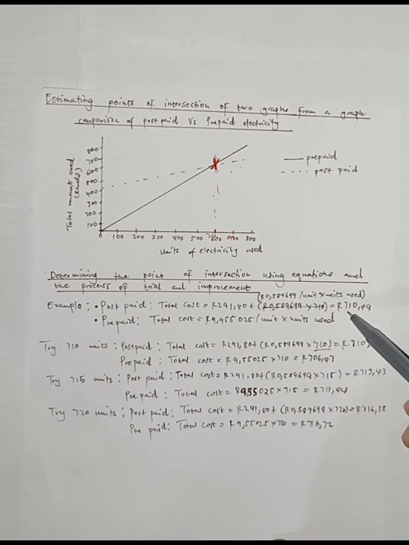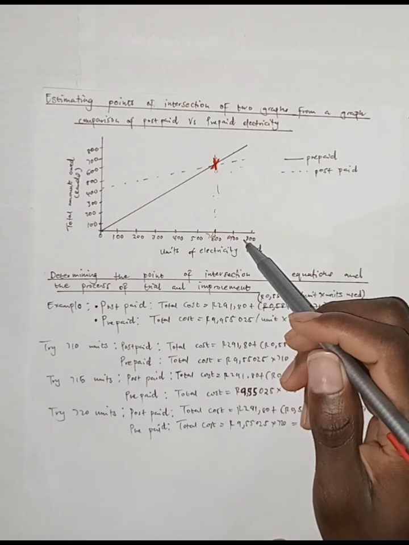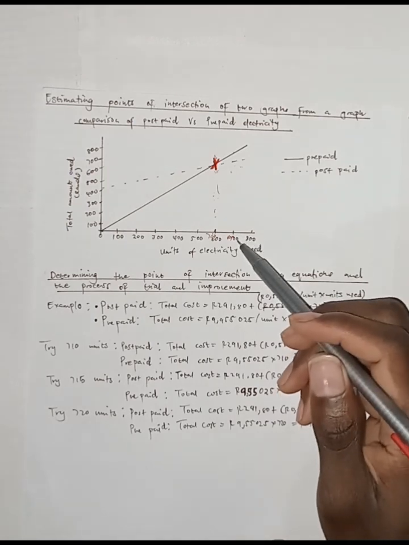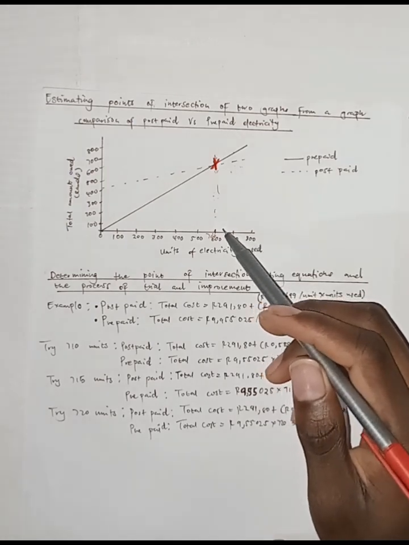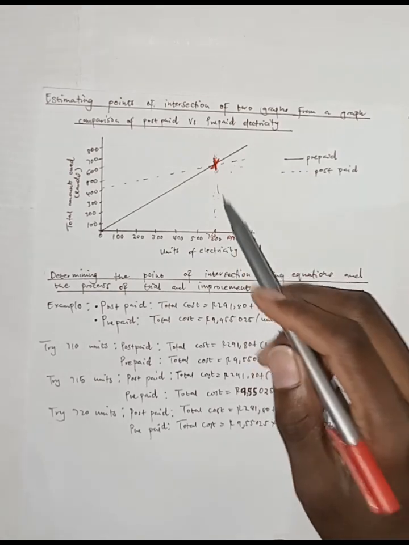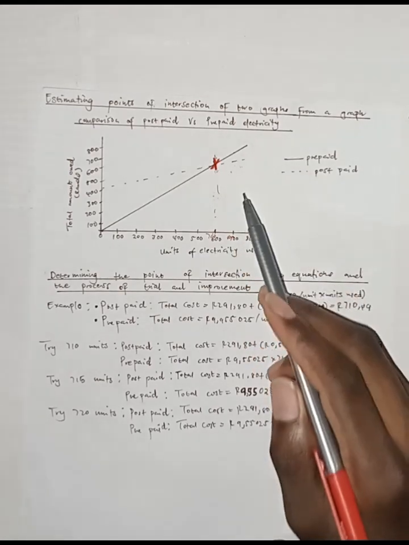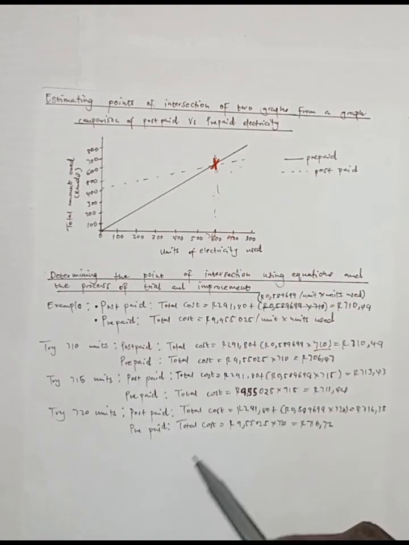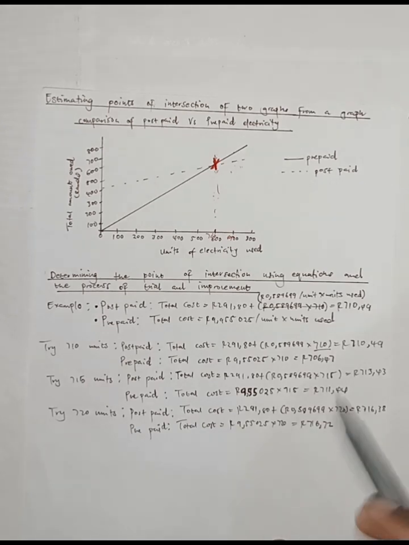So these are the units of electricity used, and you just try any. Like I said, this was supposed to be somewhere in between 700 and 800. That's why we're taking values in between 700 and 800: 710, 715, 720, trying every number to find the number closest to the point of intersection. That's the whole idea here.